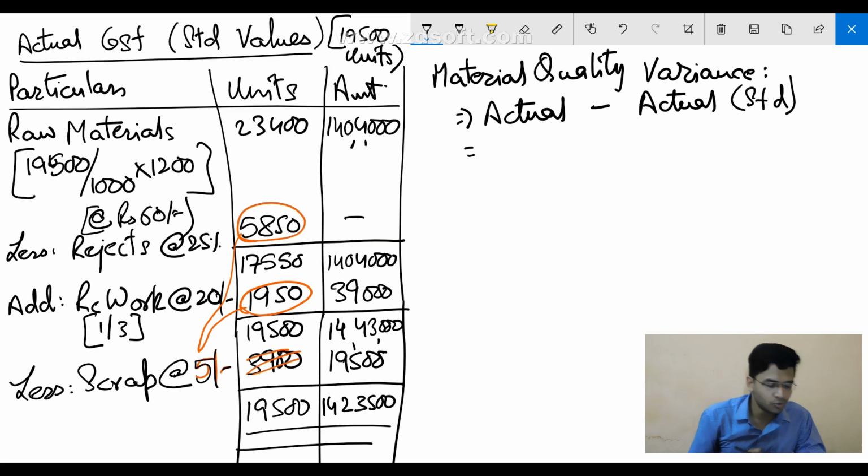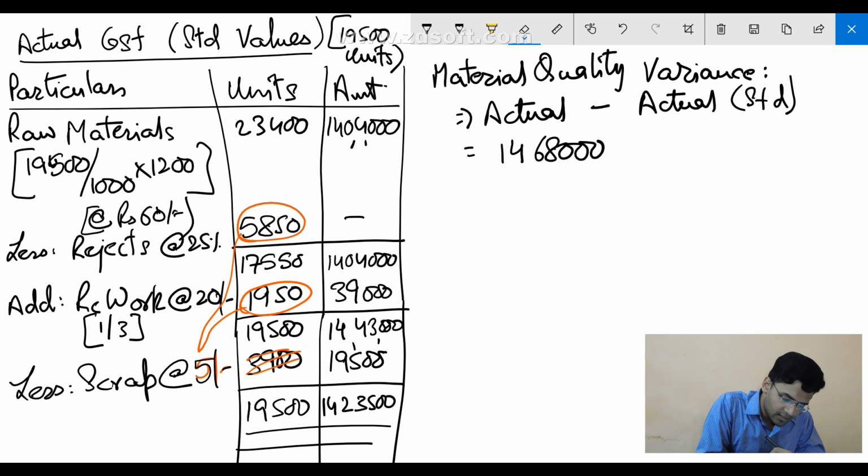If we subtract these two amounts, then it will give us the material quality variance. The actual amount which was computed was 14,68,500, as in the first working note which we have given.